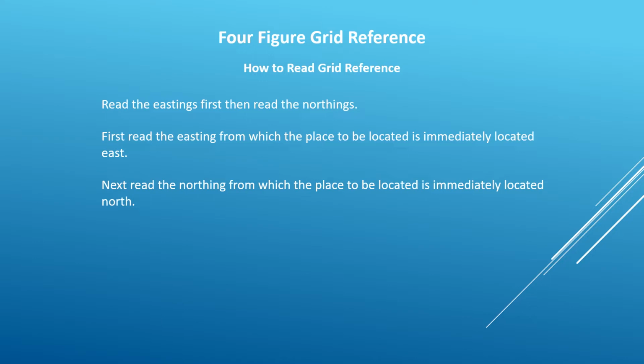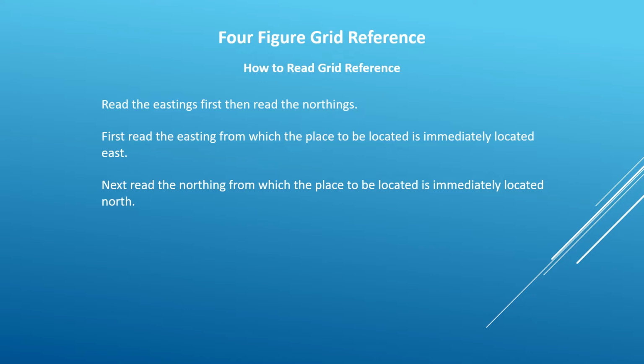But if we're looking for a specific building, for example, or maybe a road junction, then we employ what is called the six-figure grid referencing, but that's for another time as we advance in our lesson.